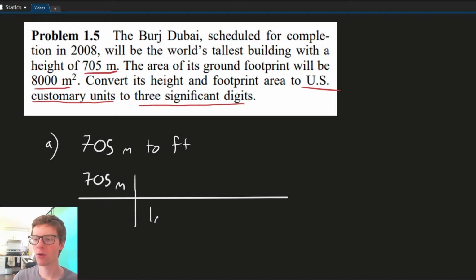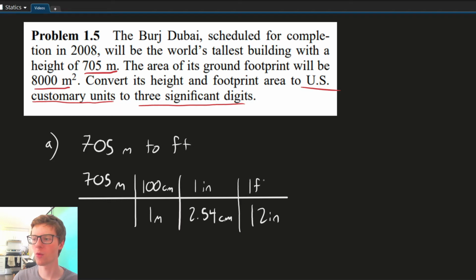So I know that 1 meter has 100 centimeters. I know that 2.54 centimeters goes into 1 inch. And then I know that there's 12 inches in 1 foot. So then I go through and I just cancel.